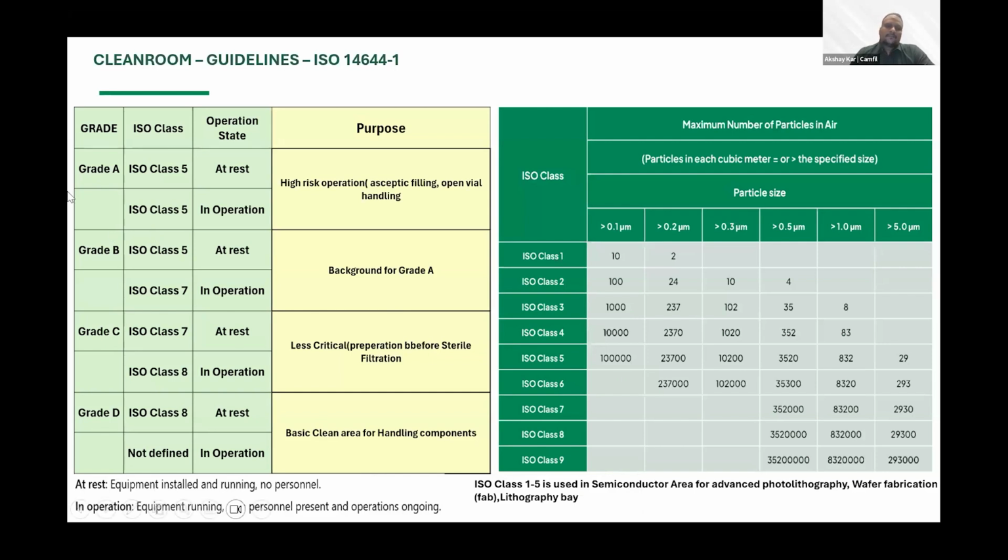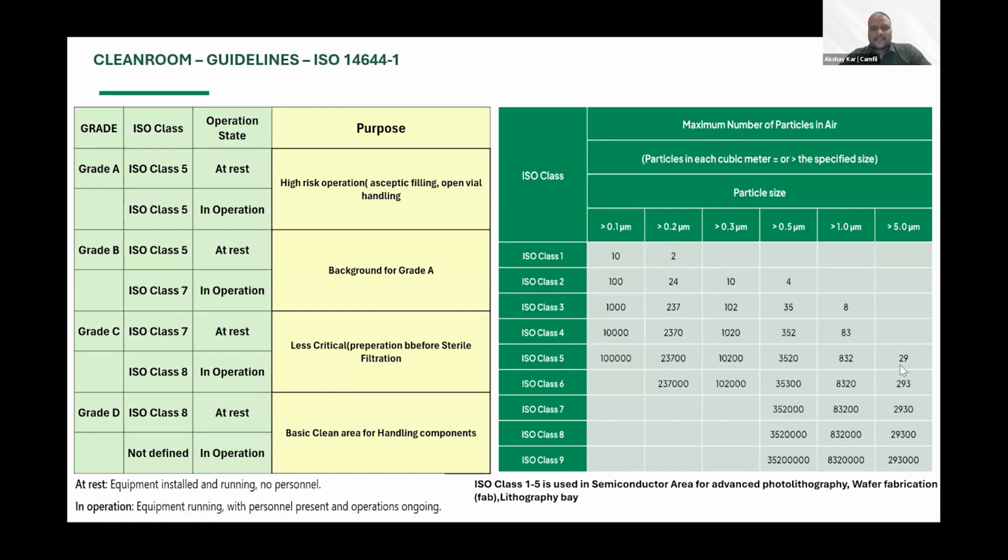At that point of time, the particle count should not be more than the range mentioned on the right hand side. If I talk about ISO class 5, which is a grade A area, the range for 0.5 and 5 micron should not exceed 3520 and 29. So we have different ISO classes for the same.